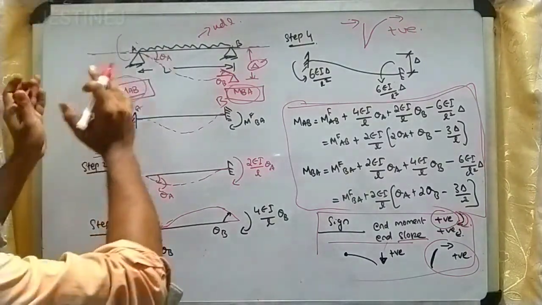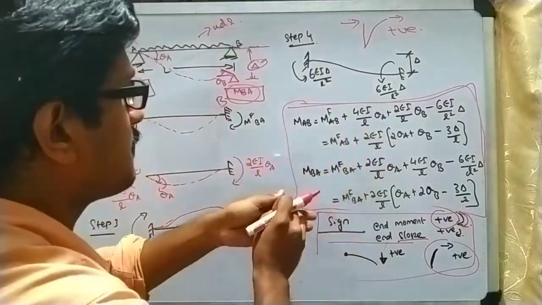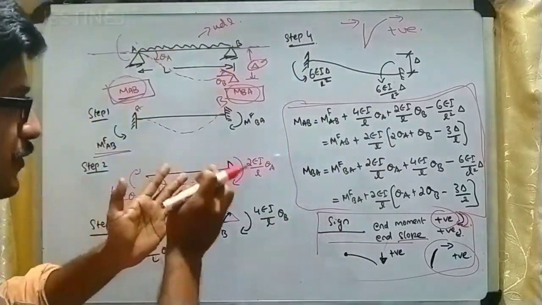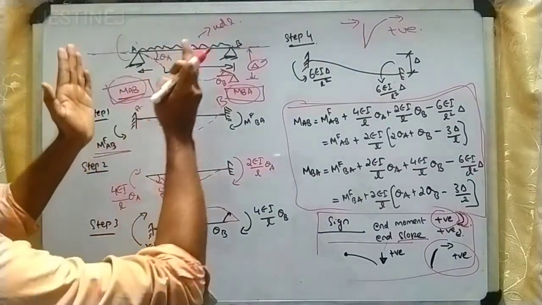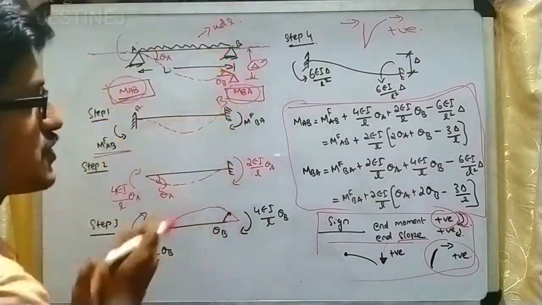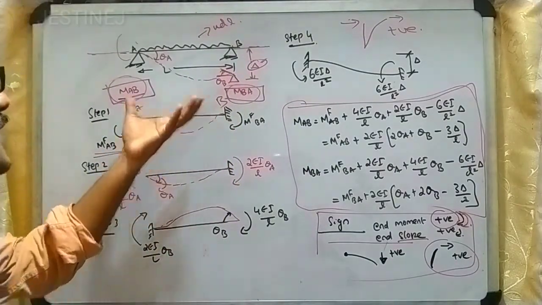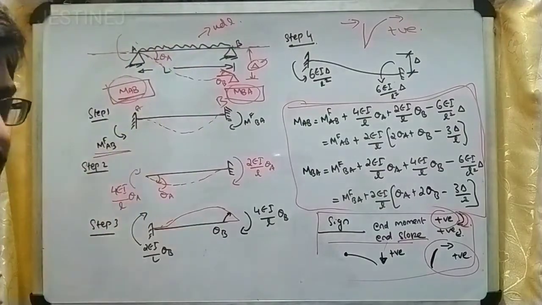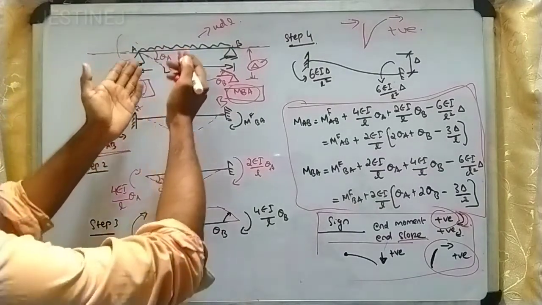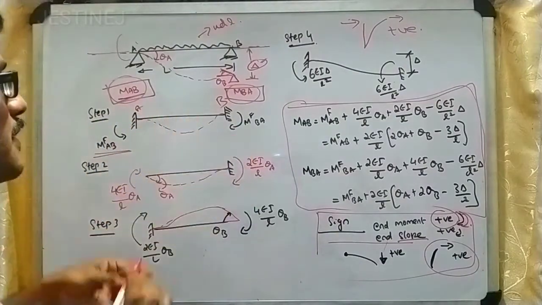Then we will move on to the different steps we follow to come up with the final equation. First of all, we need to make sure that both ends are fixed. That is our first condition. You have to make both A and B fixed, with the loads acting here, and calculate the end moments.